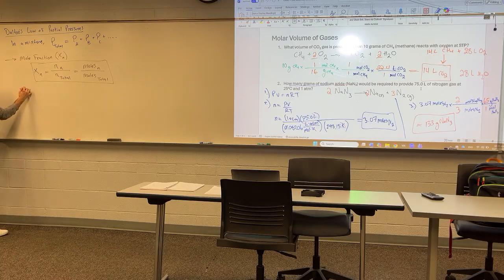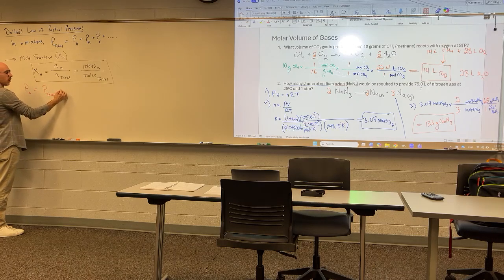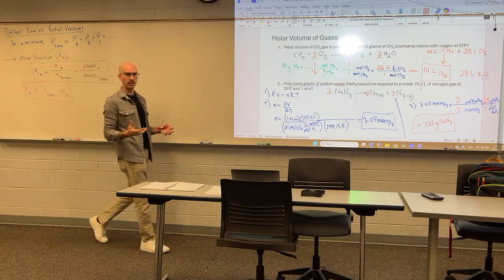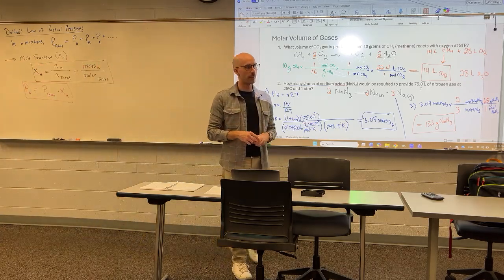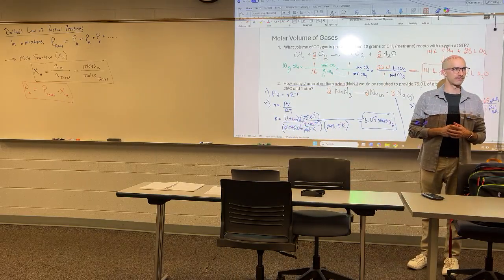In order to determine the pressure of N, we take the total pressure and multiply it by the mole fraction of N. We say N makes up this much of the total, multiply that by the pressure, and that's the pressure that N contributes.